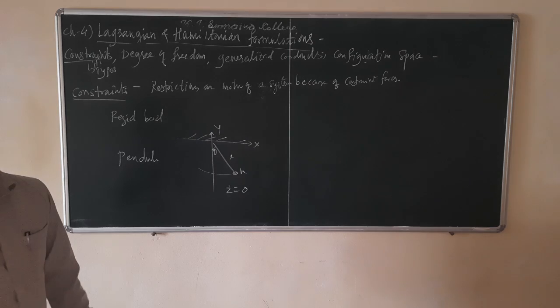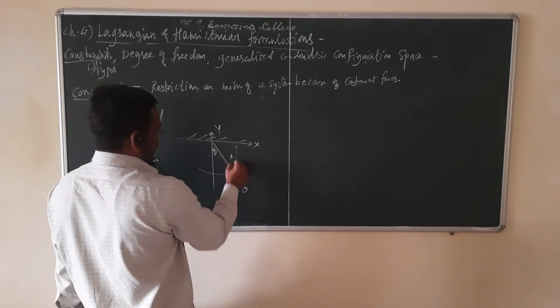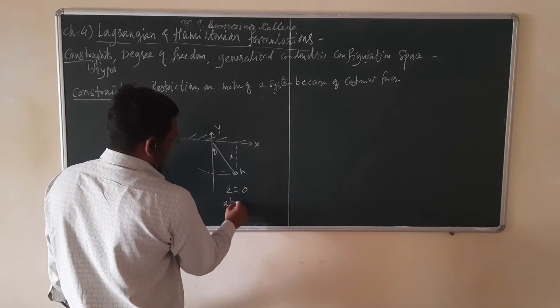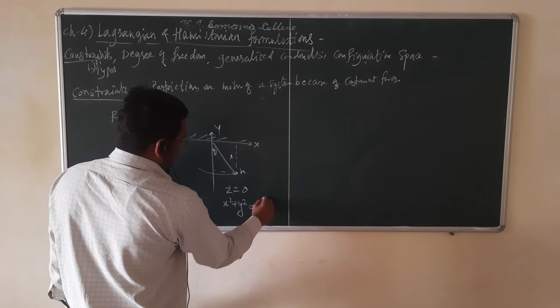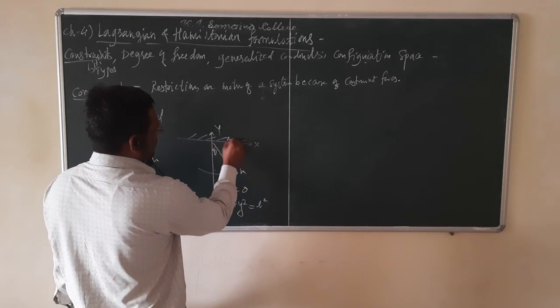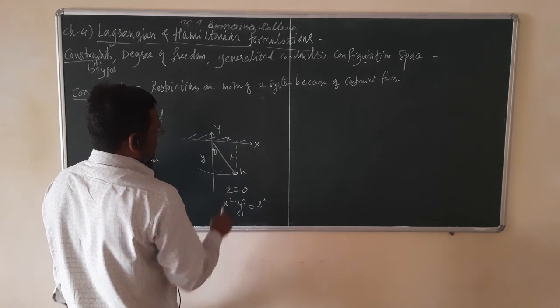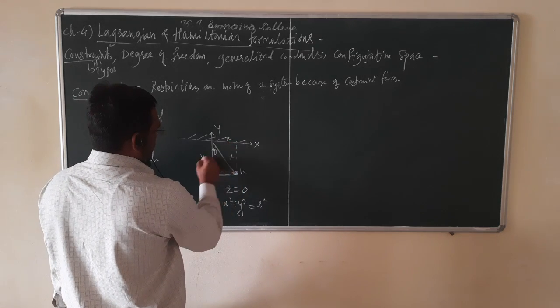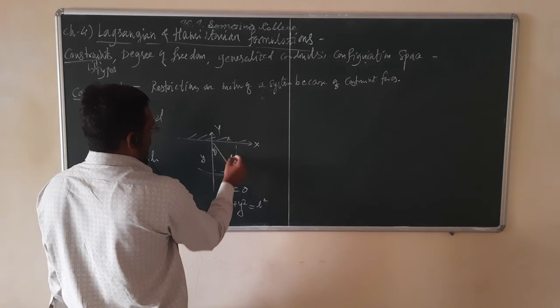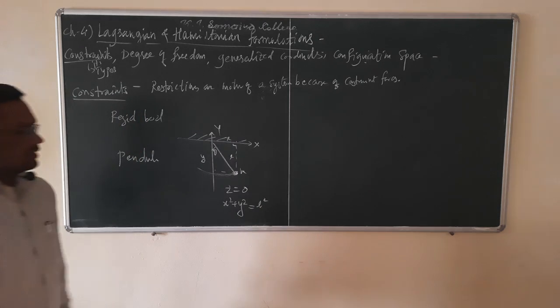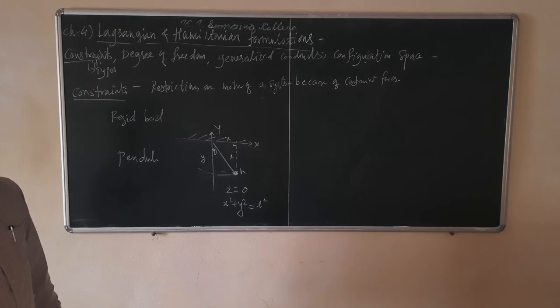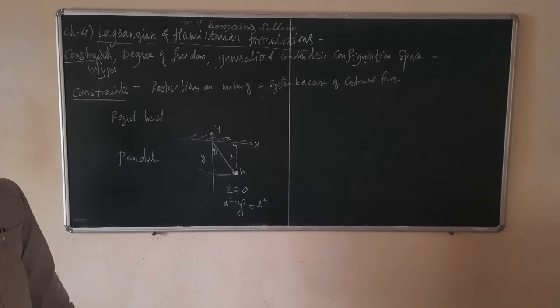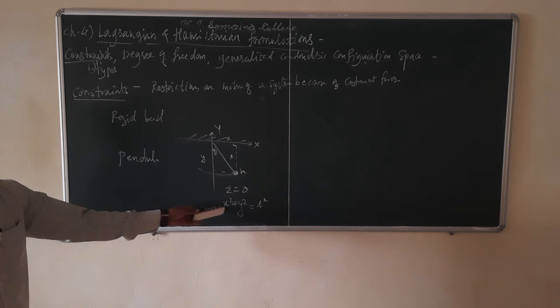So this is the constraint equation. And another constraint equation is x square plus y square is equal to L square. Suppose this distance is x, this distance is y. When that bob is moved like this, then x square plus y square is equal to L square. So this is another constraint equation which came into play. So these are the two constraint equations.